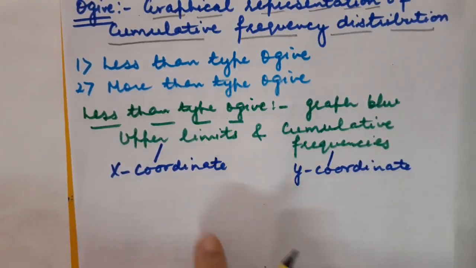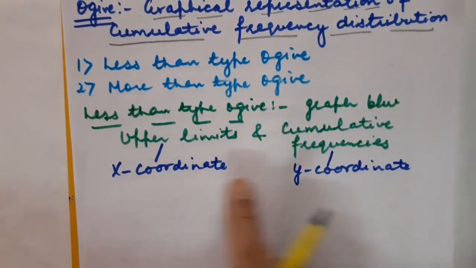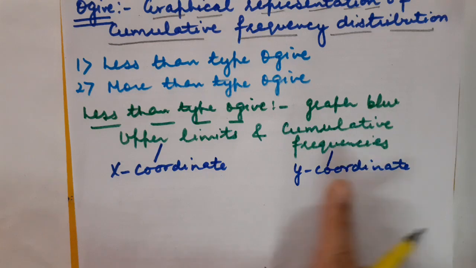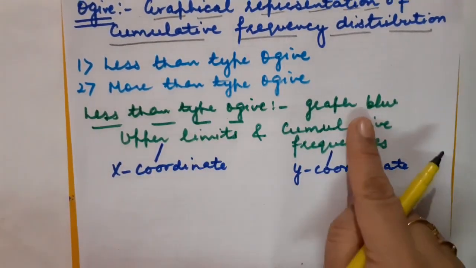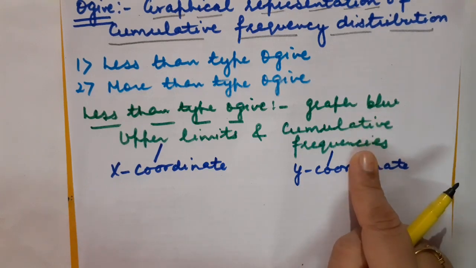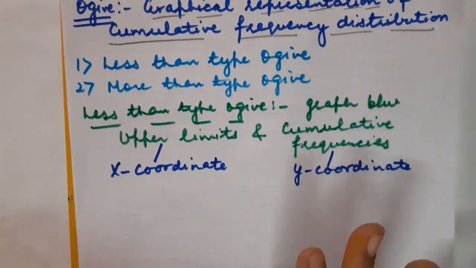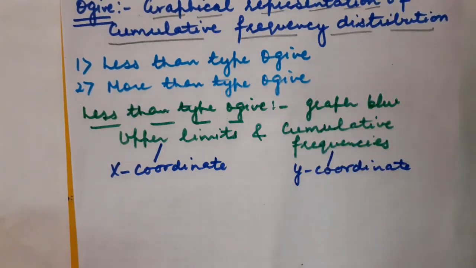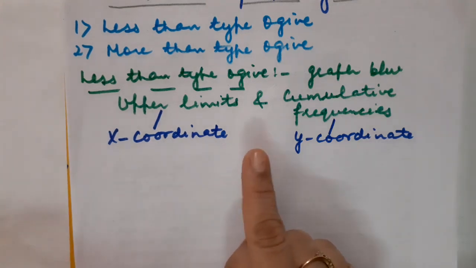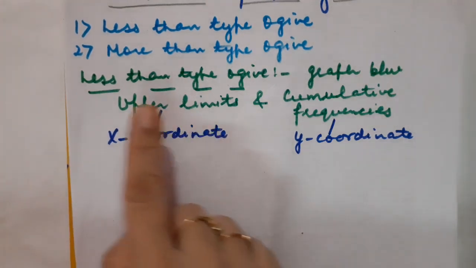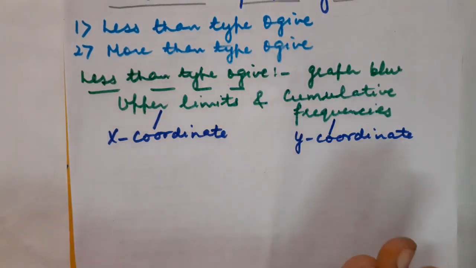Then we plot the coordinates. We get the x coordinate from the upper limit, and the y coordinate from the corresponding cumulative frequency. After that we draw a freehand smooth curve. Whenever you draw a freehand smooth curve in the case of a less than ogive, it will always move in the upward direction.